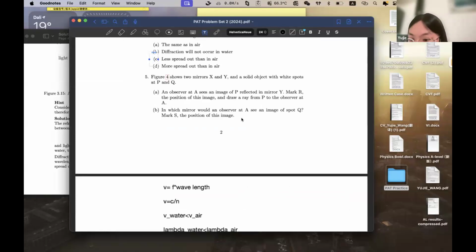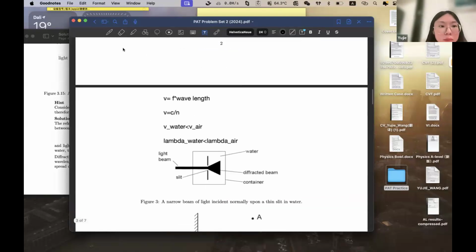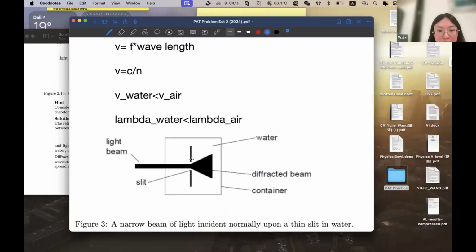Why does the smaller wavelength cause less spread out diffraction? So for a wave that's being spread out, like a propagating wave, the way that it propagates is like this.